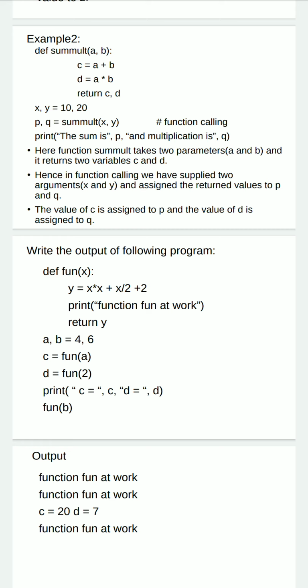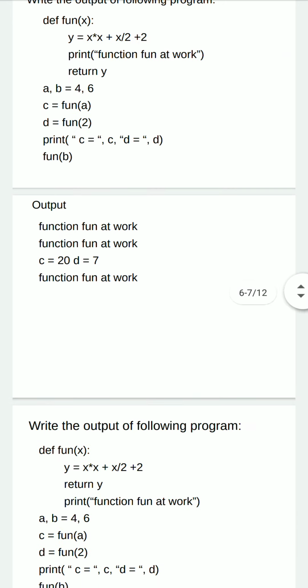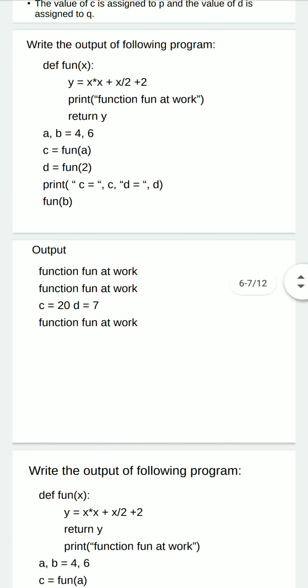First 2 times the returned value is assigned to the variables c and d, but in the third time we have not assigned the returned value to any variable, and hence the first 2 returned values may be printed by using the variables c and d, but the third returned value cannot be used in any way. So the output will be like this.